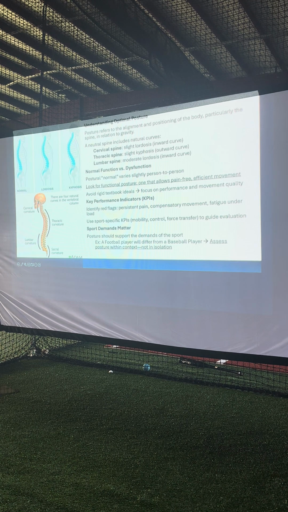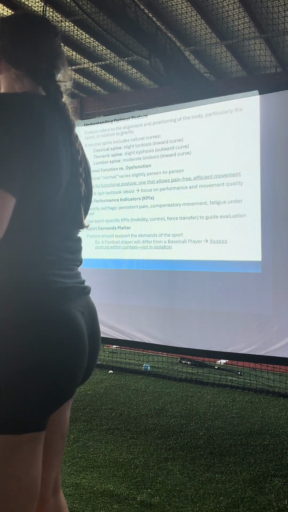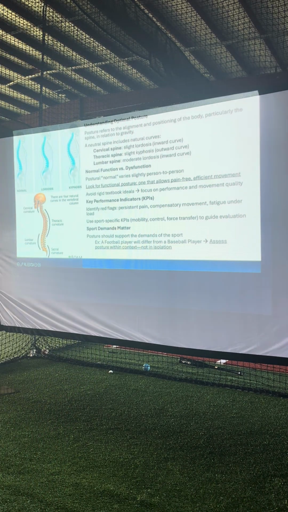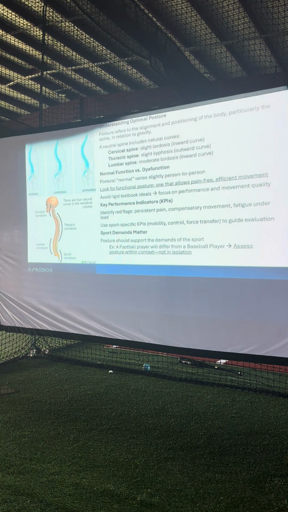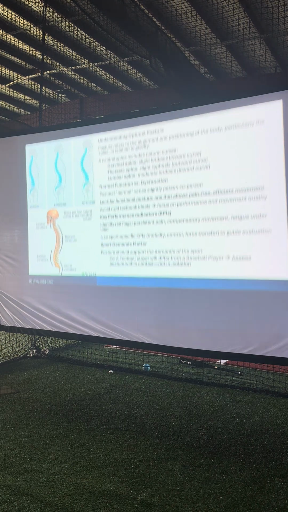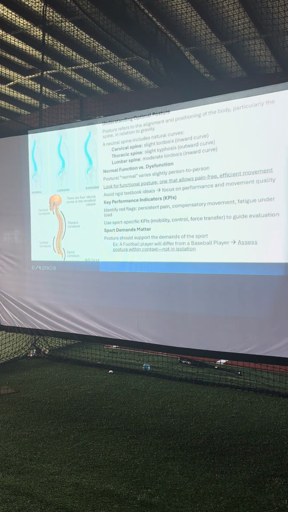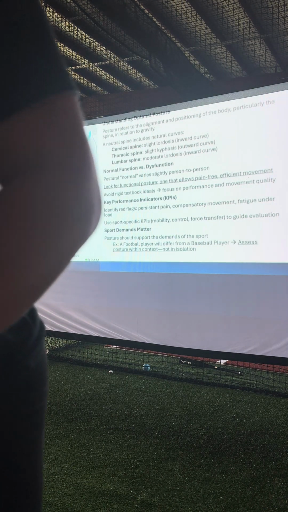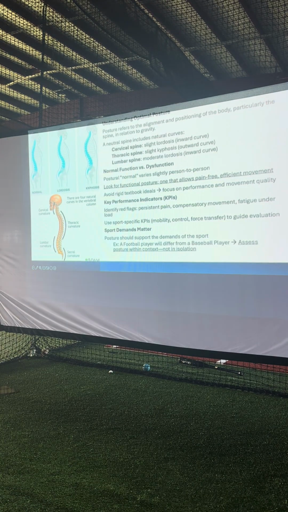Key, and I think Andrew has said this before to you guys, is understanding what is optimal and what's dysfunctional. Understanding dysfunction is what we see all the time, right?